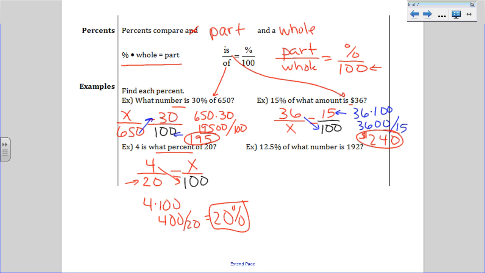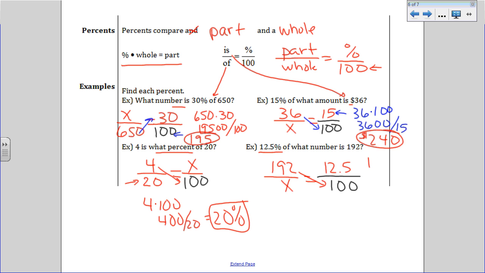And last but not least, we've got 12.5%. So 12.5. And hopefully by now you guys are getting ahead of me. You're going to put that over 100. And we want to know of what number is 192. So I don't know my whole part. So there's my X. So it's looking very similar to what we had in the second example. And we've got 192.